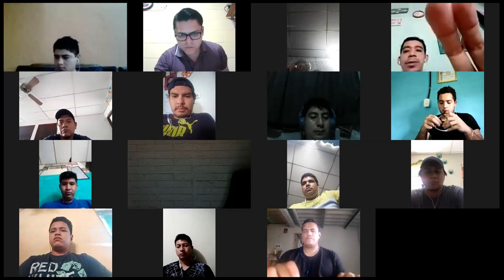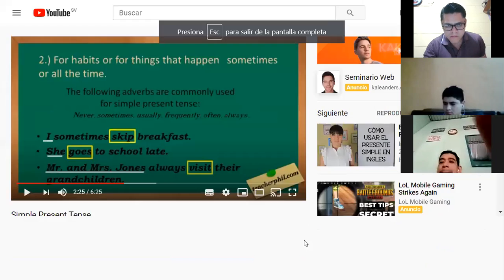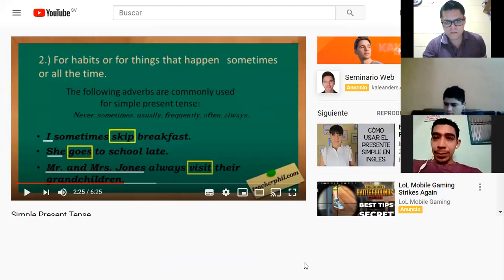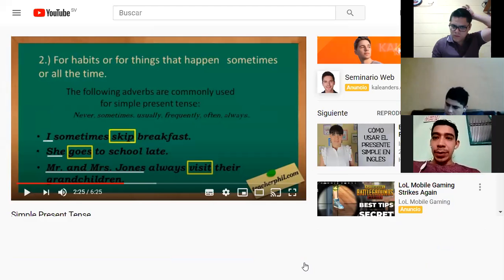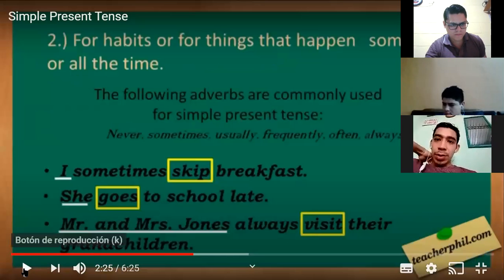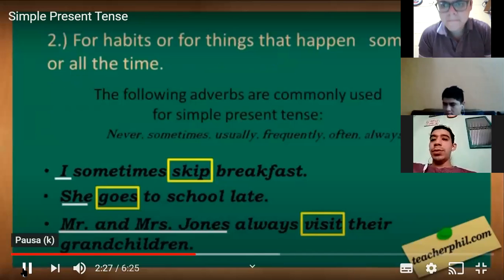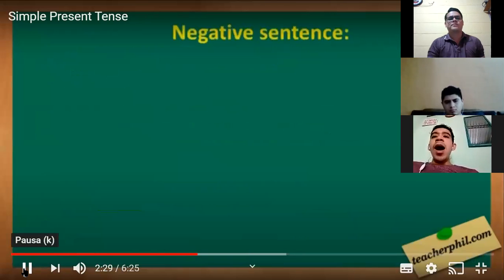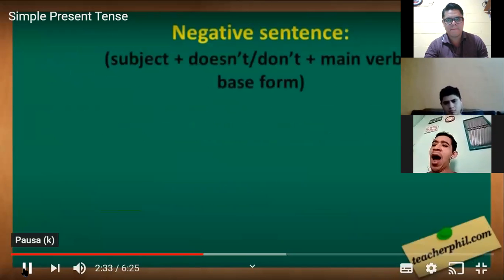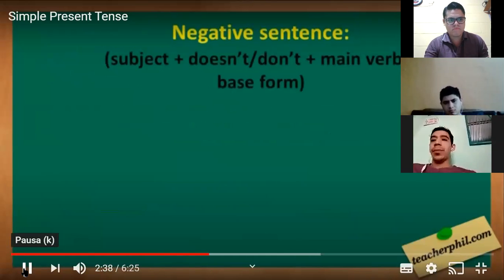Okay, don't worry. For the negative sentence, the pattern is subject plus doesn't or don't plus main verb in base form.